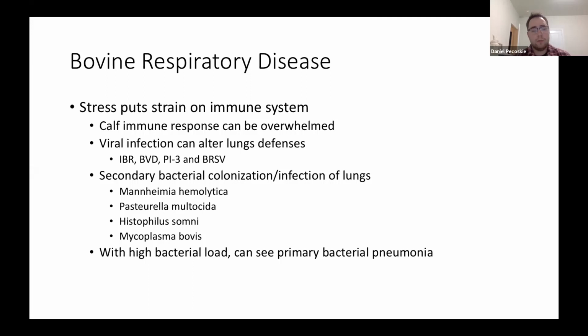With a high bacterial load, you can see this without the effects of a virus knocking down the immune system. If there's just a lot of manure from previous animals, high pathogen loads in the water bowls, certainly a calf can be overwhelmed and deal with a pneumonia quickly that way.